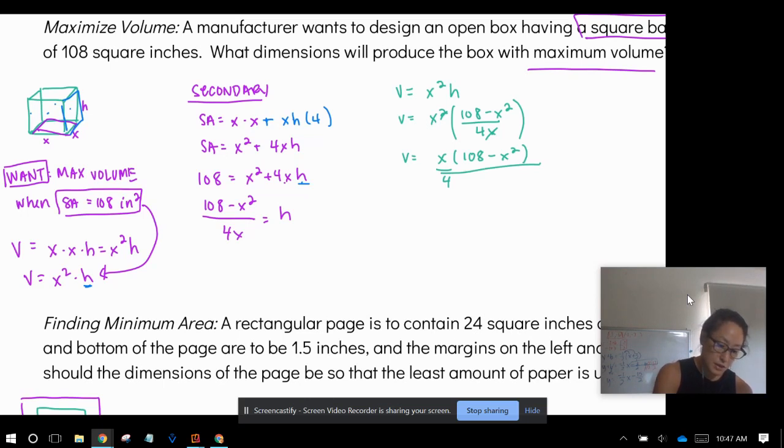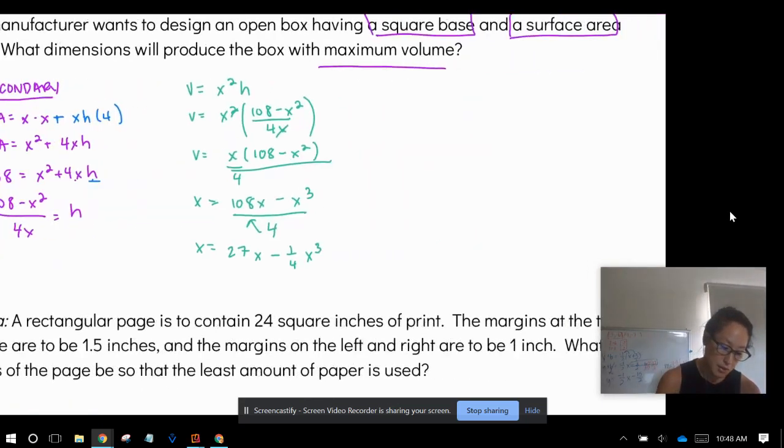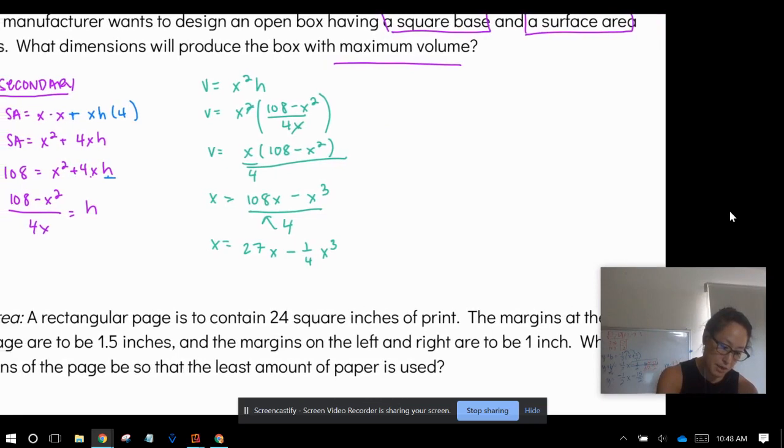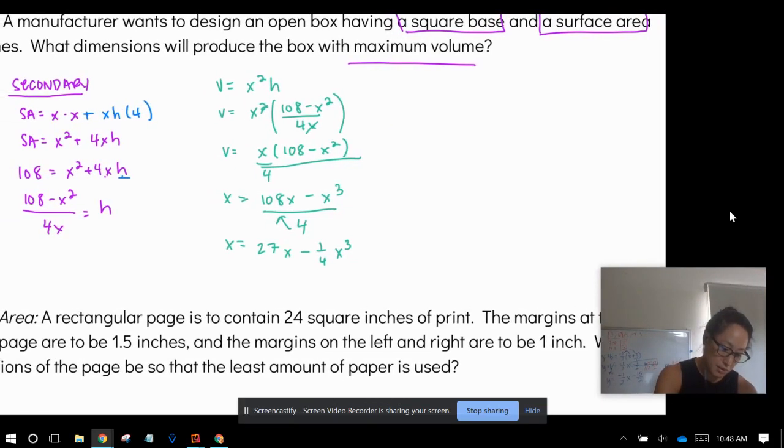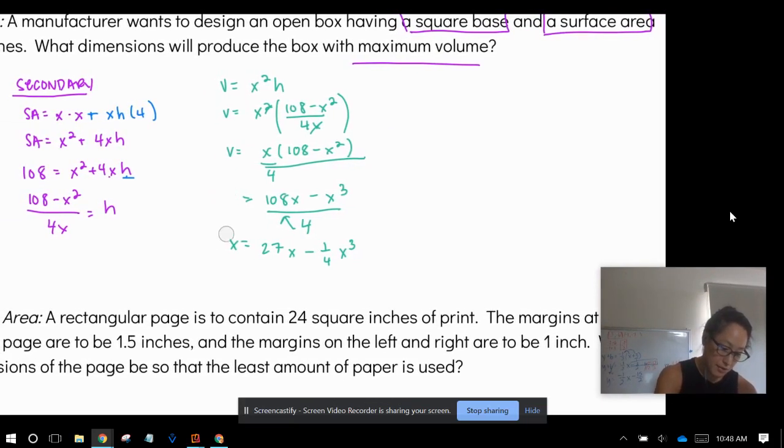That's 108x minus x cubed all over 4, and dividing that in gives me 27x minus 1/4 x cubed for the volume. That's a lot better because it's pretty easy to take the derivative of that. So now we're going to go ahead and take the derivative.